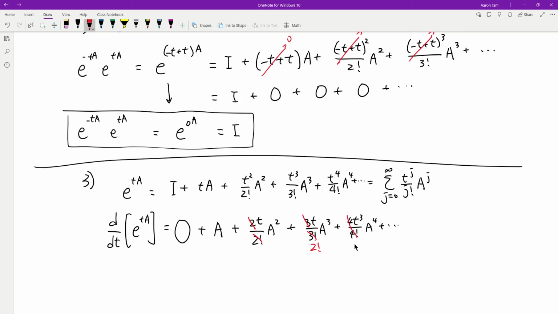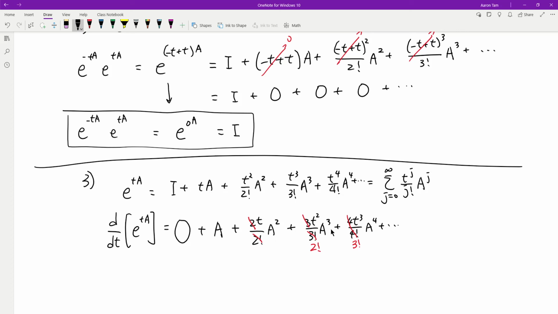So the 4 and the 4 factorial cancel out to a 3 factorial, and so on and so forth. And notice that now there's a mismatch between the factorial, the exponent for t, with the exponent for A. Oh, I forgot a square here. The power for A.